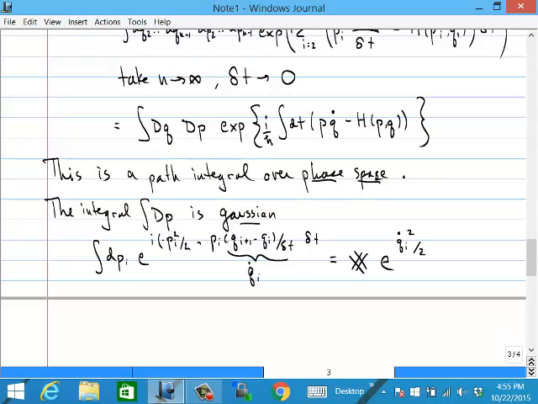Oh, there was a delta t here as well. Okay, good. So the delta t's will all factor out. You're integrating e to the I delta t times pi squared plus pi times qi dot. That's a Gaussian integral. You do it by completing the squares, and the answer is qi dot squared, and there's a factor of I here, I think, if I did that correctly.